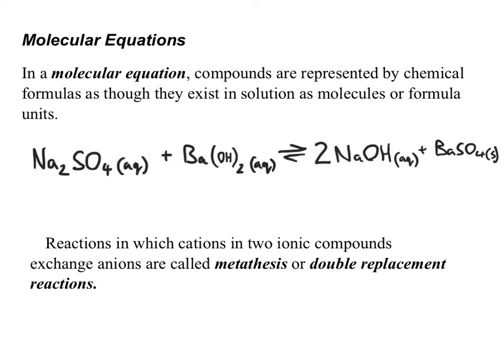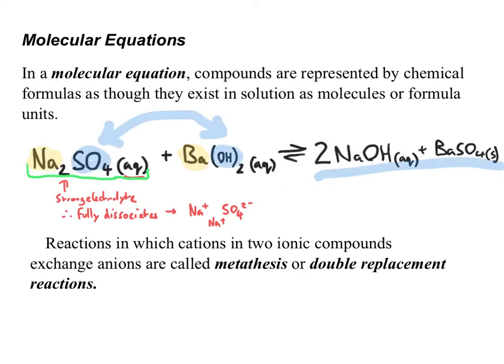However, as we know, as denoted by the aqueous symbols and the solid symbols, the sodium sulfate is implied as being aqueous, but we know it's a strong electrolyte and therefore would form sodium ions and sulfate ions. But in this case, we are still representing it as sodium sulfate, the compound.